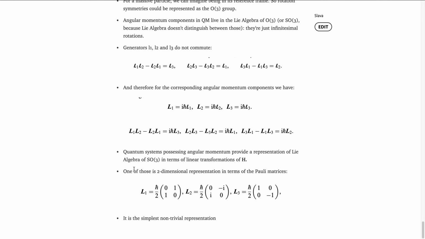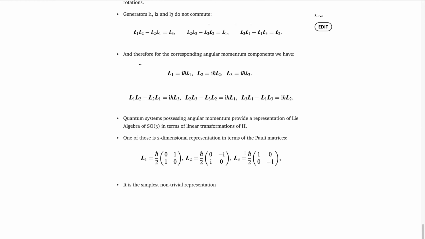And one of those is the two-dimensional representation in terms of the Pauli matrices, and in that representation we have L1 described by the X matrix, L2 with i and minus i here, and L3 is 1 and minus 1 on the diagonal. And here my summary notes end, so we can jump to the book directly.